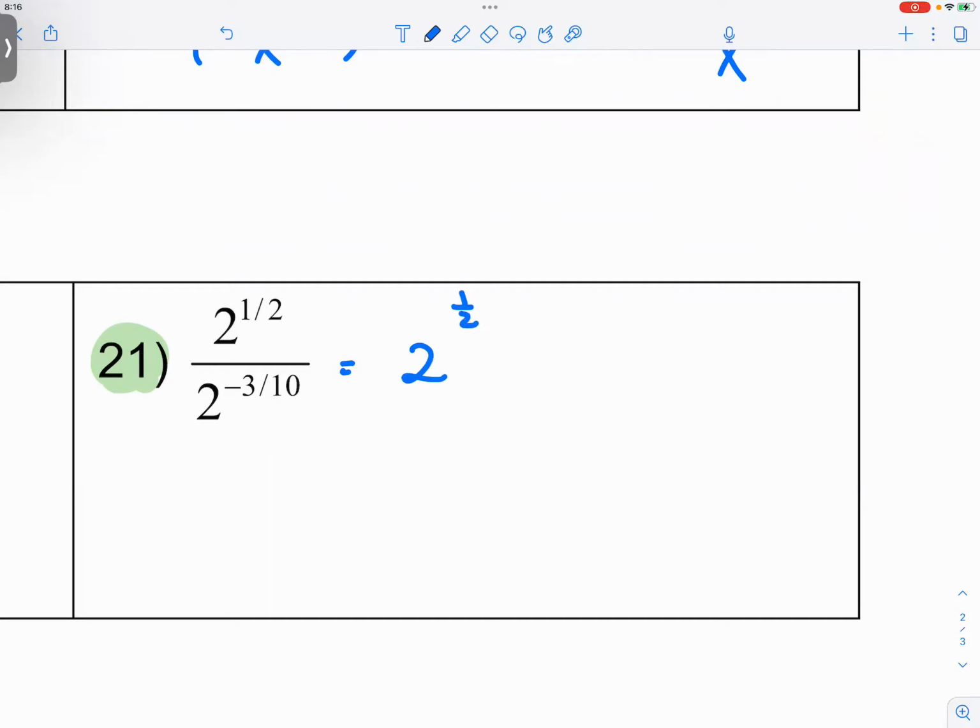So they're dividing, right? So you will subtract, and the exponent in the denominator is a negative. So that means you are subtracting a negative, which makes it a positive, which is nice. Okay.